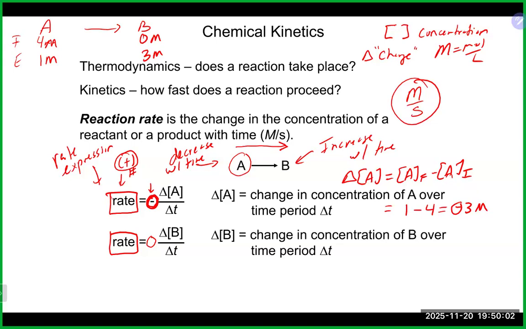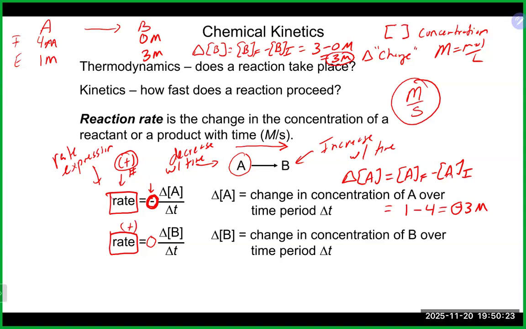Now, we don't need the negative on the product side, because if you did the change in the concentration of B, which would be the final concentration of B minus the initial concentration, you will end up with 3 minus 0, which is positive 3 molar, which will give us a positive value here.